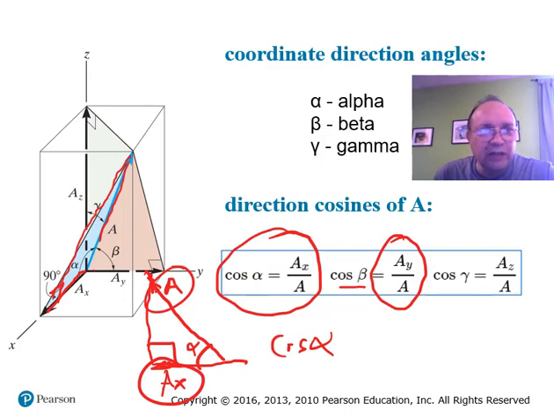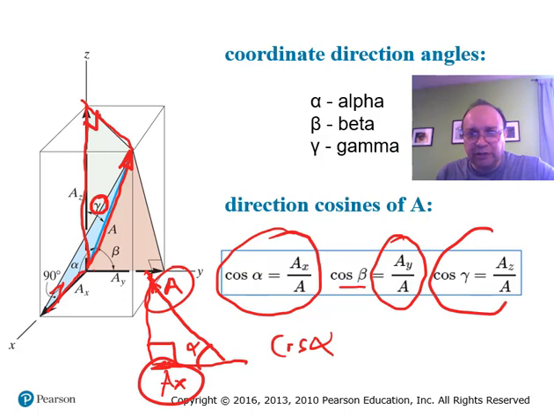So this angle has to be 90 degrees. If this is the angle gamma here, the cosine of gamma will be this A z component divided by A, which is the original vector, which is the hypotenuse of this right triangle right here.